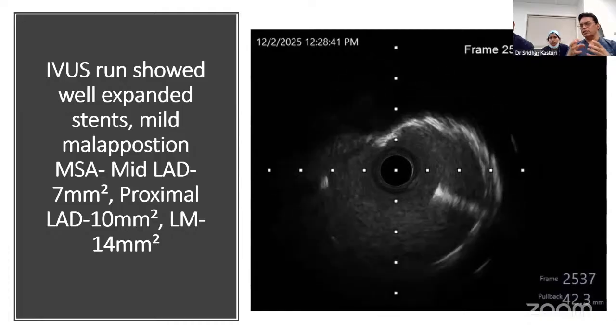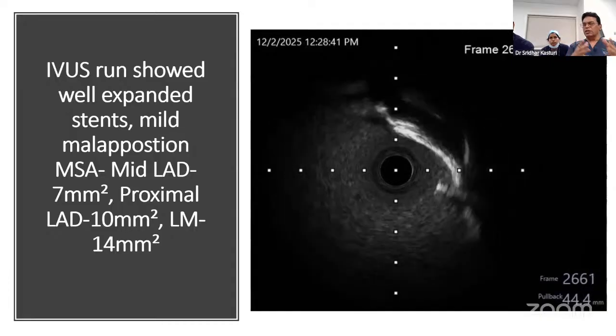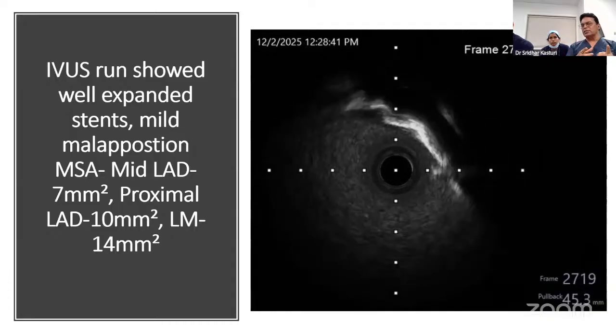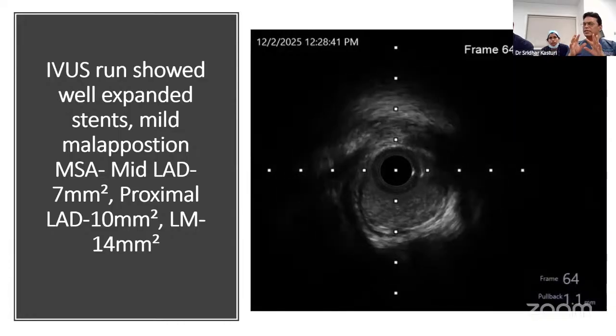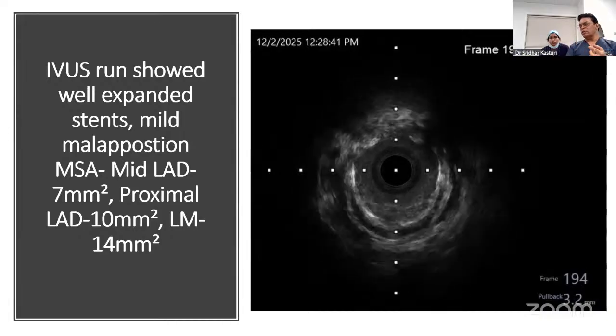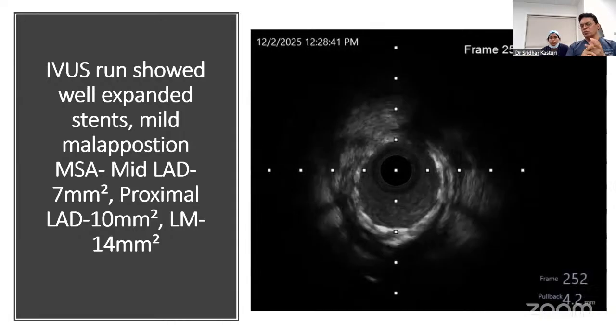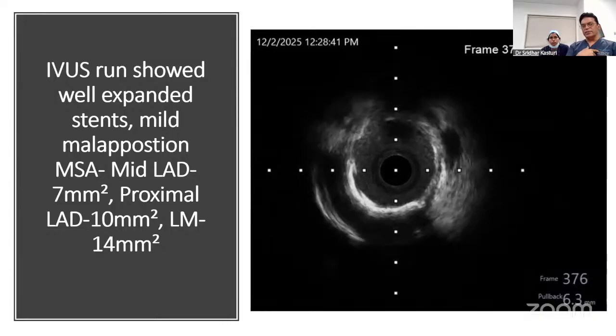Suppose sometimes very thick calcium is there and it's not possible to get 80%. But if the luminal MSA is more than 4.5 by OCT or 5.5 by IVUS, that is reasonably very good. It was recommended by the ESC as well as the EBC. ESC guidelines clearly mention you can go ahead with these.